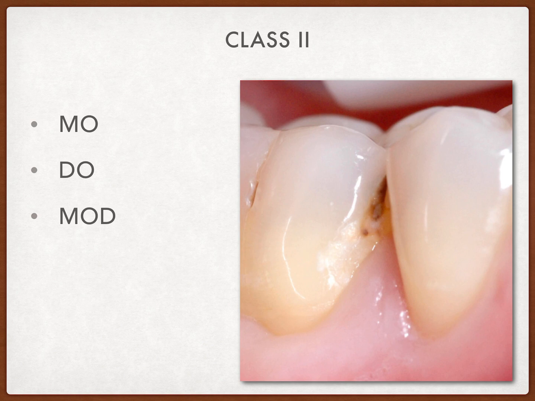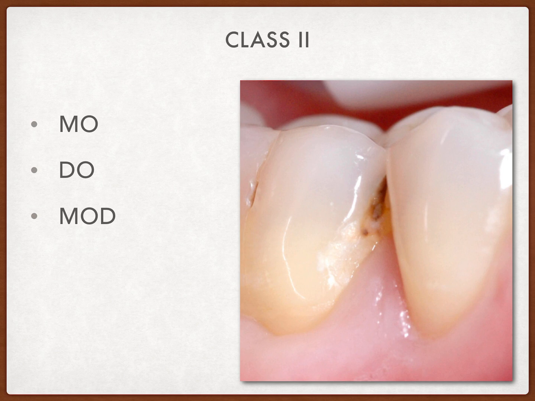Class 2 caries is the caries that affects the interproximal aspects of the tooth. But now we are confined to the posterior teeth only. Class 1 was for the posterior and the anterior teeth, but class 2 is for the interproximal surfaces of the posterior teeth only.